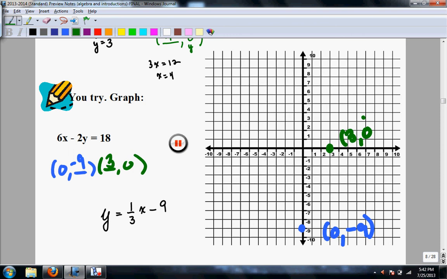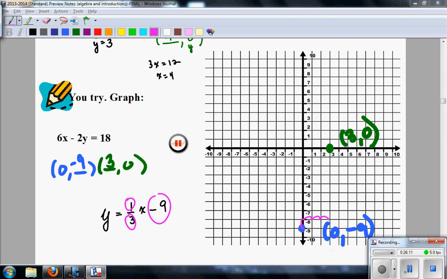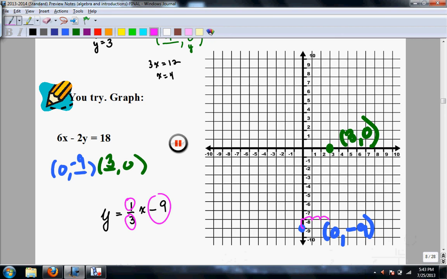Or if you were to graph this using y equals mx plus b, we would start at -9, rise 1, run 3, rise 1, hang on here, the fraction here is 3/1, not 1/3.